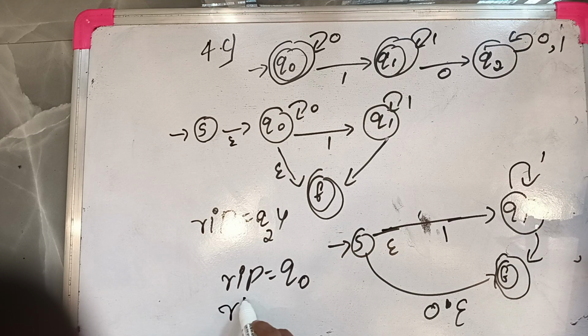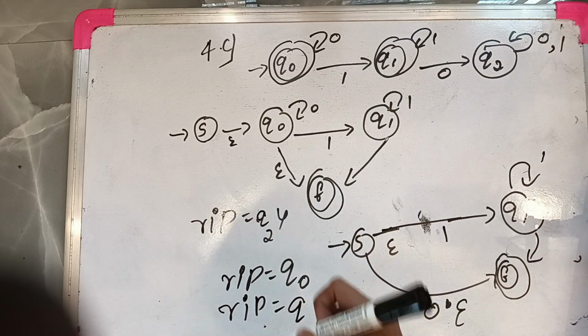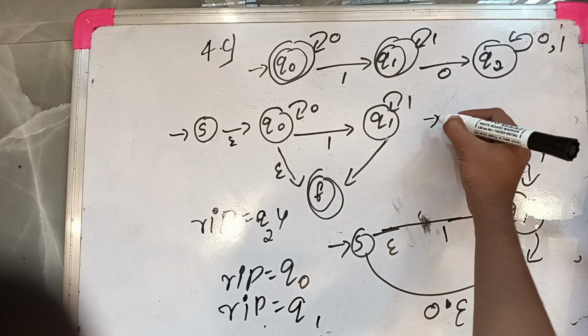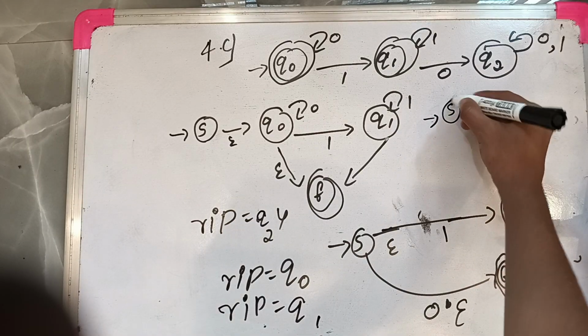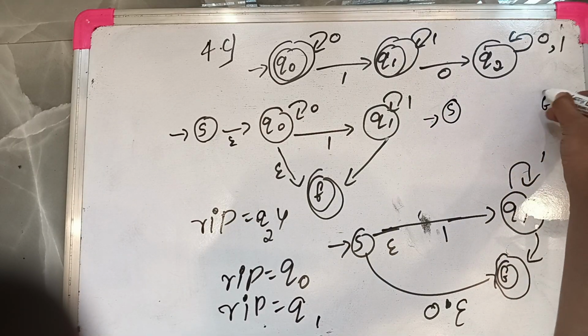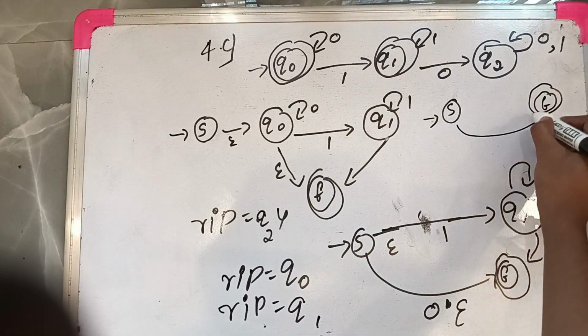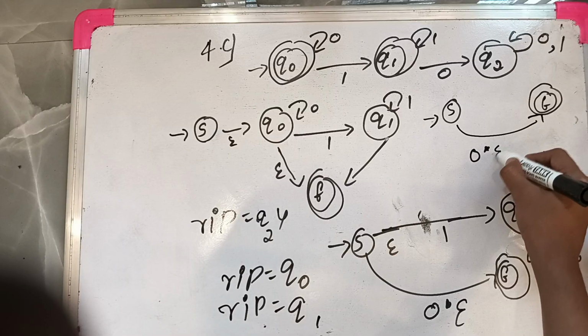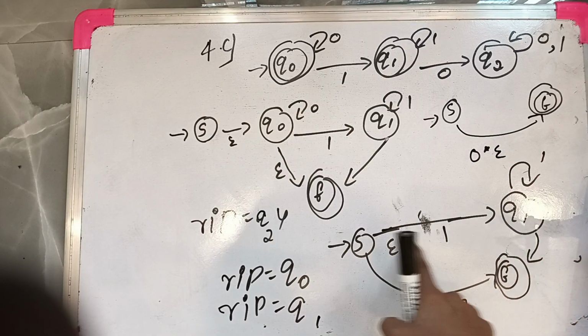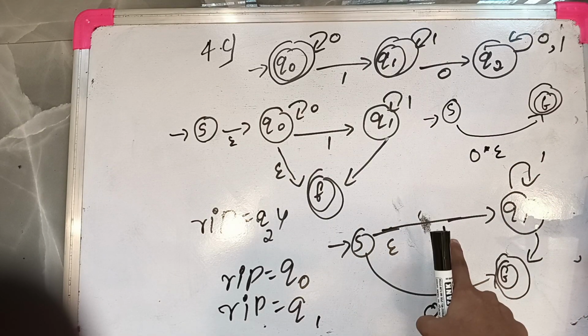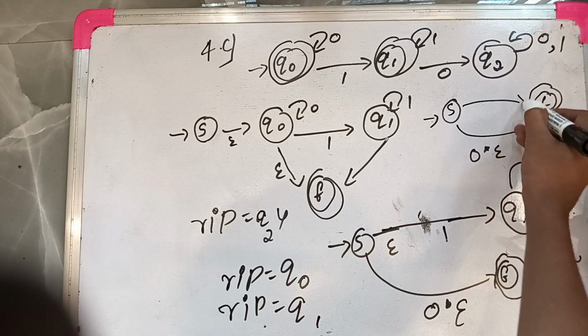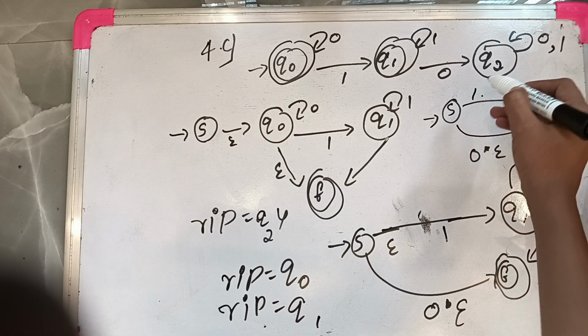Next, in the next step we need to remove another state. Consider q1. What happens if I remove q1? I will write here: the start is here and here is the final state. Already I have 0 star epsilon.